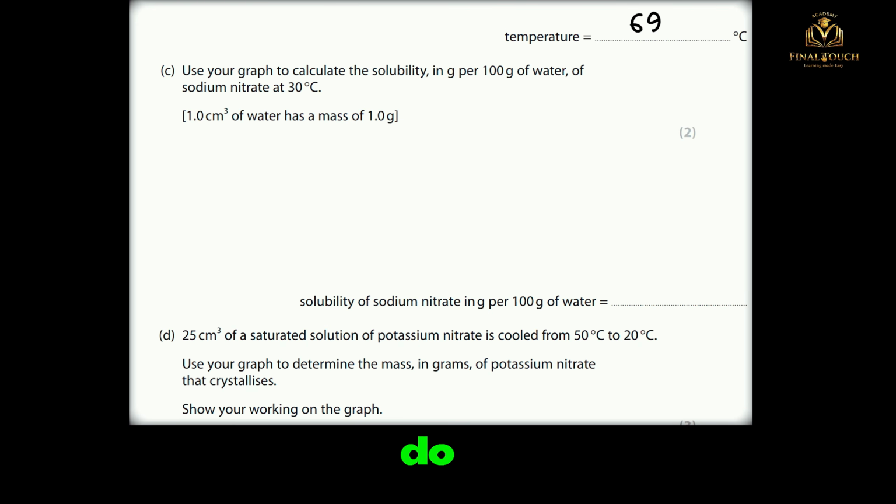So what we can do is, we have 24 grams in 100 grams of water. Sorry, 24 grams in 1 gram.